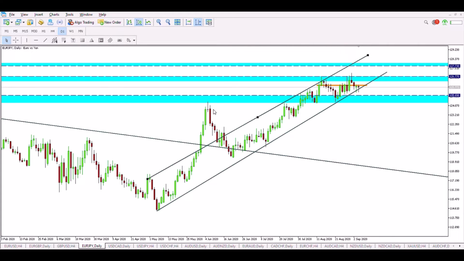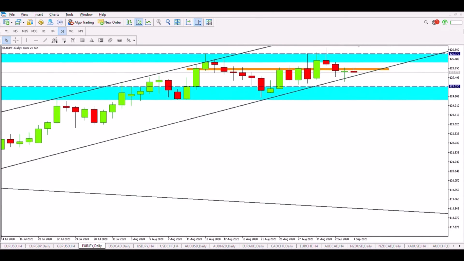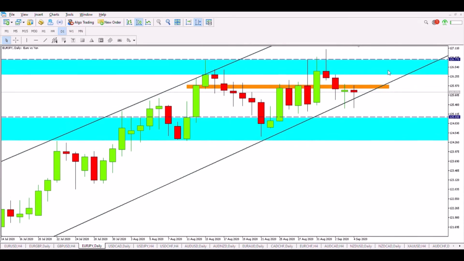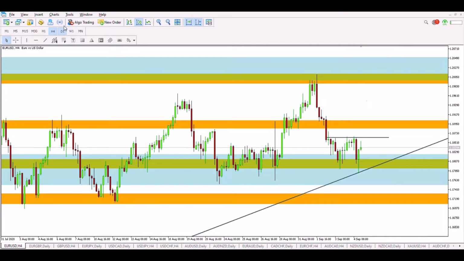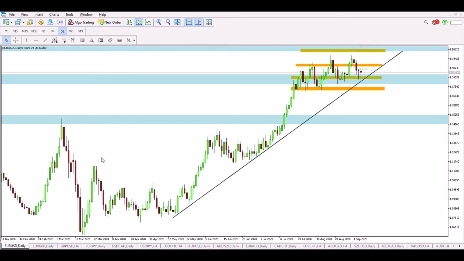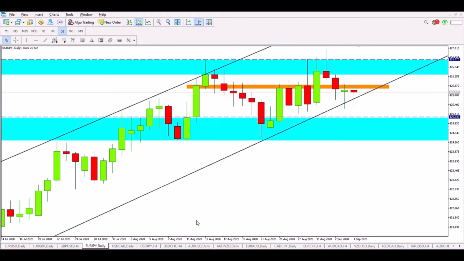On Euro JPY, you can again see this repeating uptrend. So the Euro was very strong the last weeks, and currently on the daily chart you can see two nice pin bars, just like in the Euro USD daily chart. This is in many cases a very good reversal sign for the price to go back up.